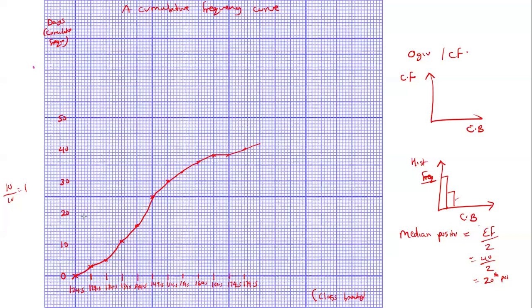I'll get my ruler. This is where I have my 20. I'll draw my line like this, and when I reach here, I'll come down like that.